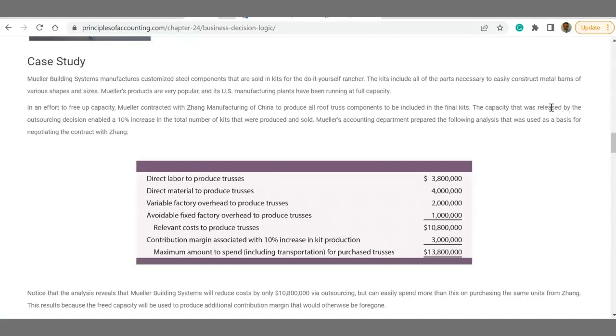The capacity that was released by the outsourcing decision enabled a 10% increase in the total number of kits that were produced and sold. So that's a 10% increase in total number of kits because of that outsourcing. Mueller's accounting department prepared the following analysis that was used as a basis for negotiating the contract.